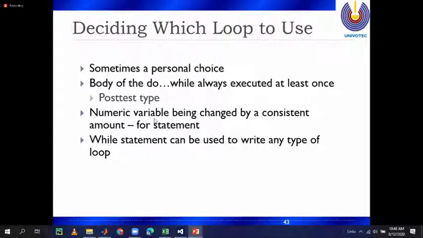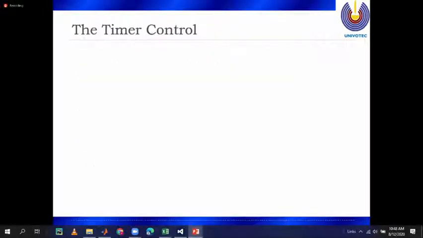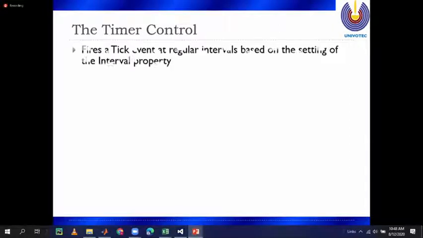If some numerical changes happen, then you can use the for loop easily. The while statement can be used to write any type of loop, the pre-test. The timer control, then you can use it for some event.